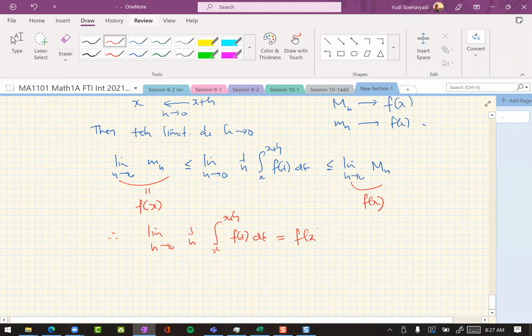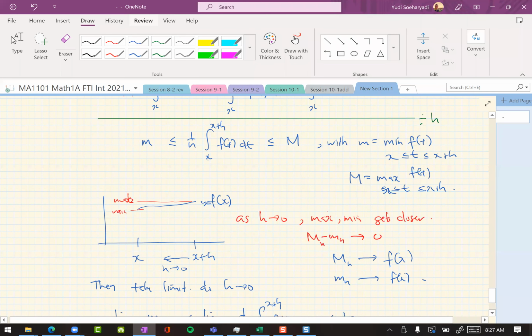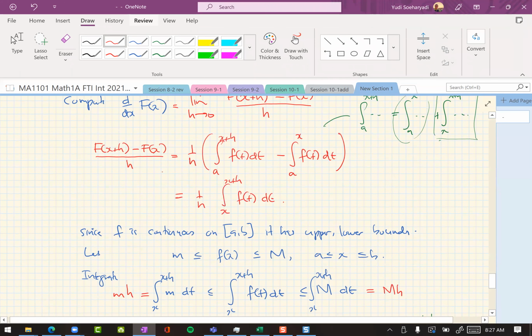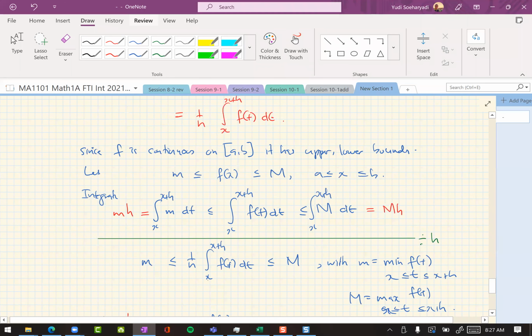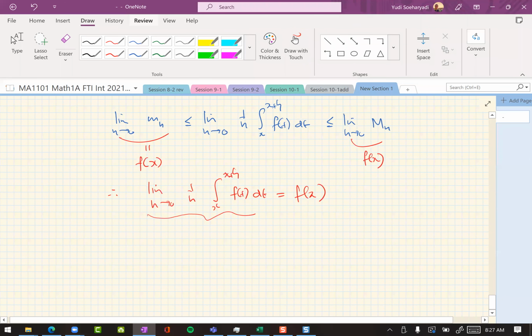Equals f of x, right? So what is this? Well, this is the thing that we computed earlier. So this limit is equal to d/dx of the integral from a to x of f(t) dt.